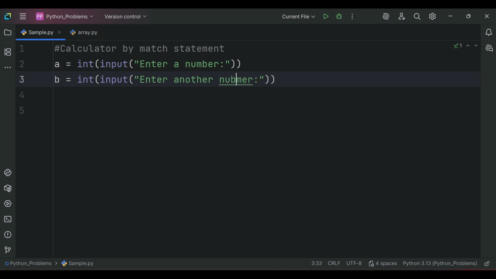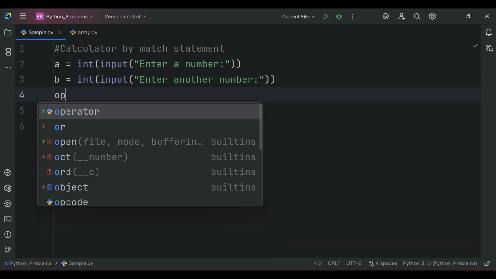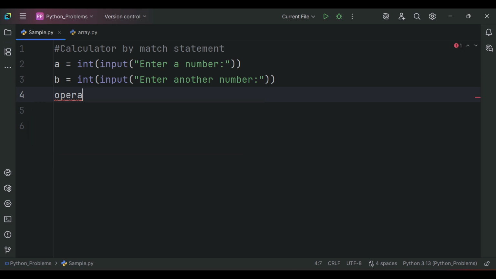And operator is equal to input, enter symbol. Enter a symbol based on the operation. Suppose if you want addition, give the plus operator. If you want subtraction, give the minus operator. Likewise you have to give the operator.